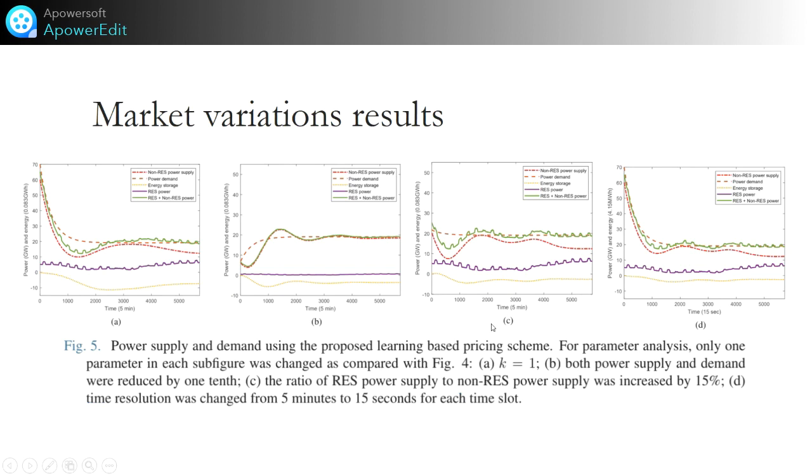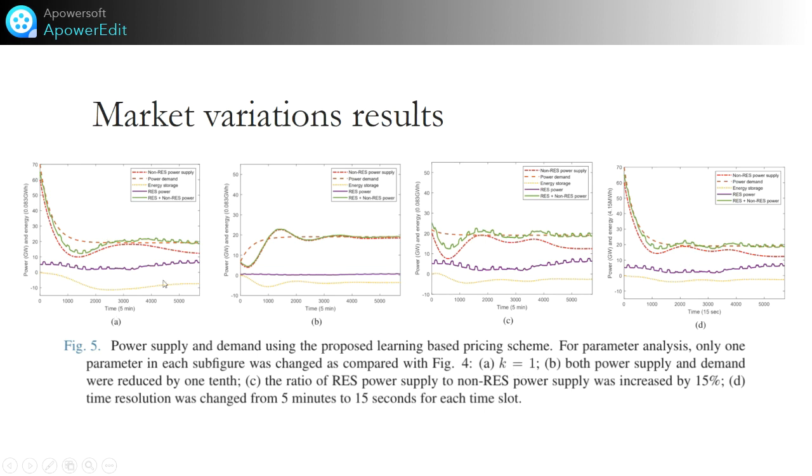Next, we are going to evaluate some market parameters to verify our assumption. We make some changes in our parameters. First, we change the supply cost from k equals 3 to k equals 1, which means that the supplier cost is increased when k is smaller.